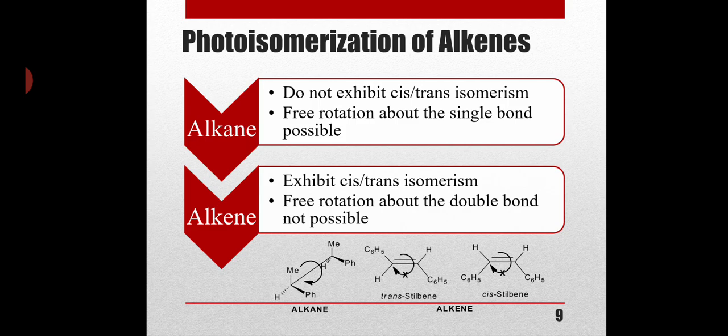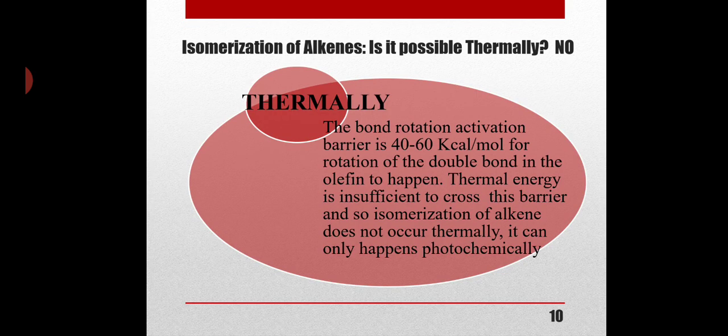It is observed that most isomerization of alkenes does not occur thermally. It is possible photochemically. Thermal energy is insufficient to cross the activation barrier for the reaction. Therefore, the reaction does not occur thermally.